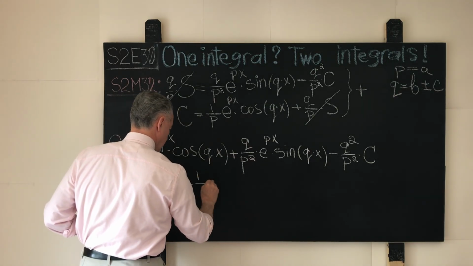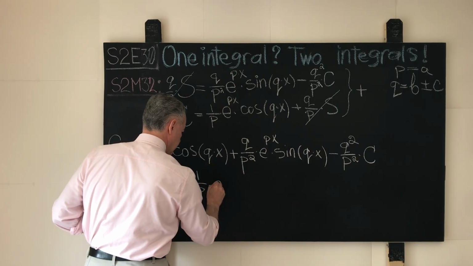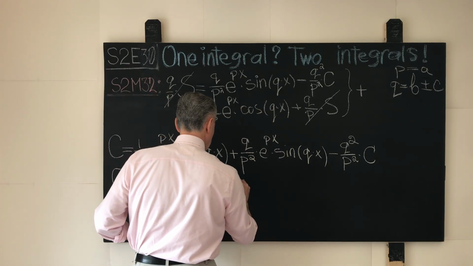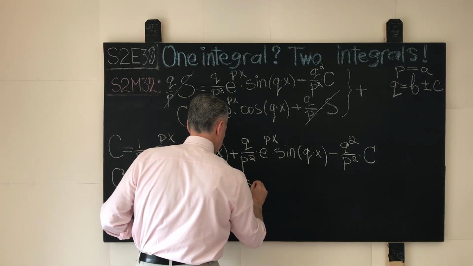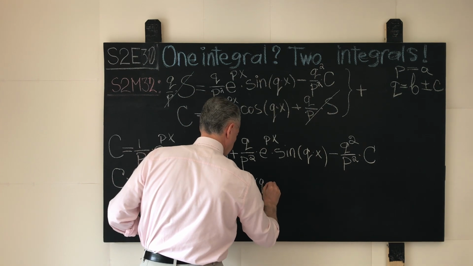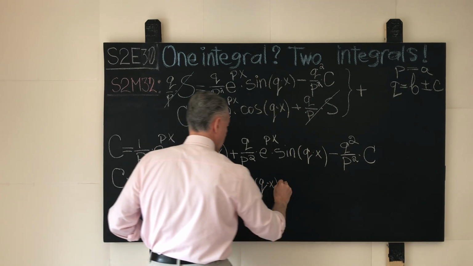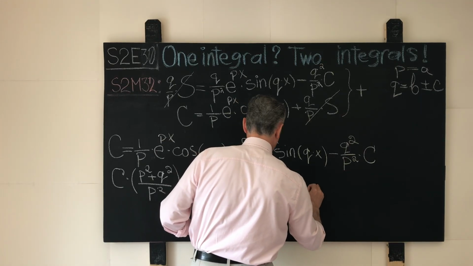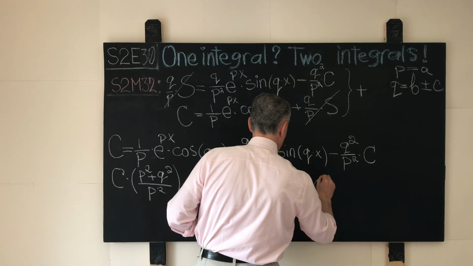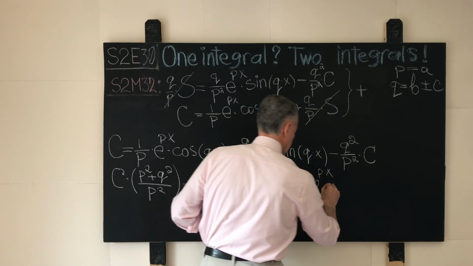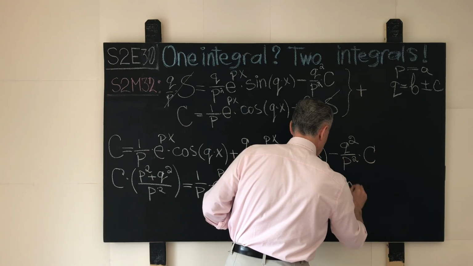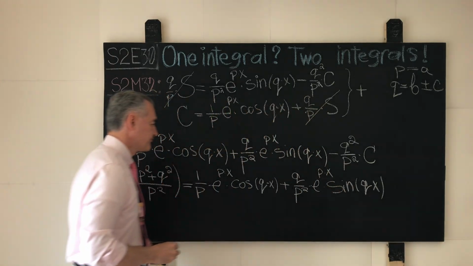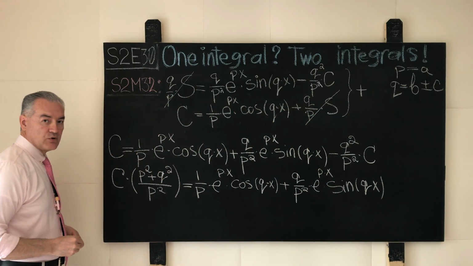So this will be 1 over p times e to the power p times x times cosine evaluated at q times x, plus q over p squared times e to the power p times x times the trigonometric function of sine evaluated at the argument q times x.